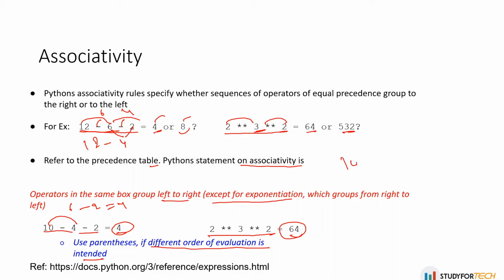So if you have, let's suppose, 10 minus 4 minus 2, and you want to override the associativity rule, you can say, okay, I want to perform this one first by putting the parentheses over there. So what will happen, this will be 2 and this would be 8, but here it is 4 because I am overriding the associativity rule. I am saying don't go from left to right, perform this parenthesis first.